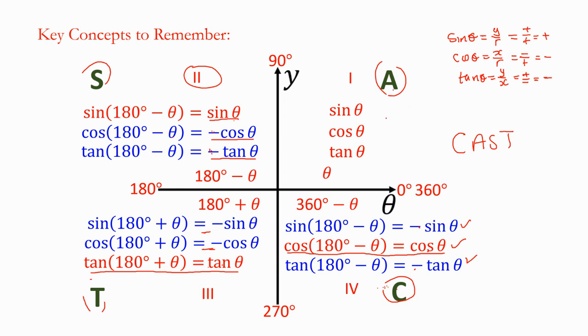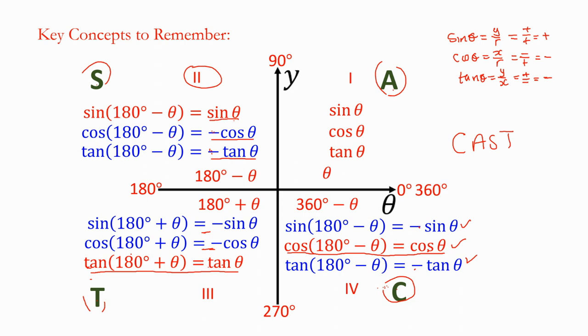A here means all of them are positive. And then S here means sine 180 degrees minus theta is positive, while the other two are negative. And then T here means tan 180 degrees plus theta is positive, while the other two are negative.